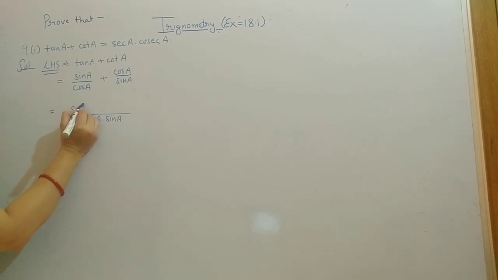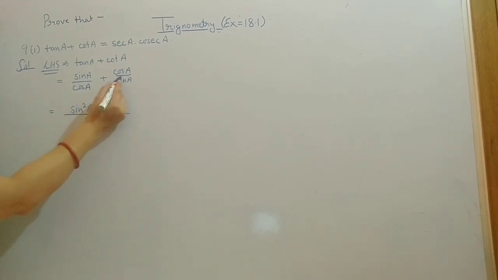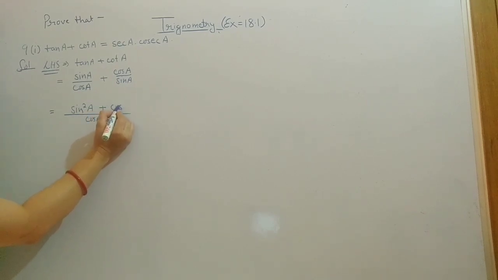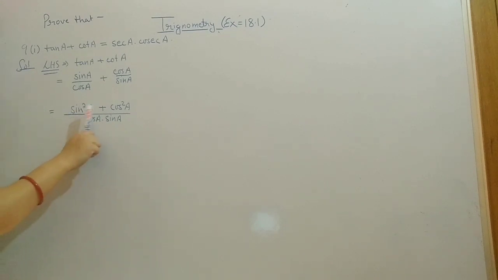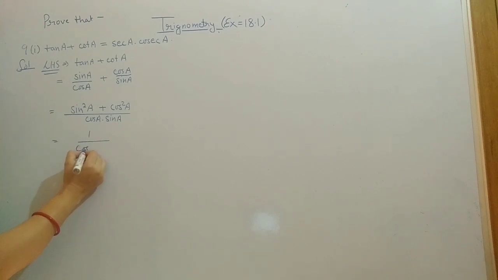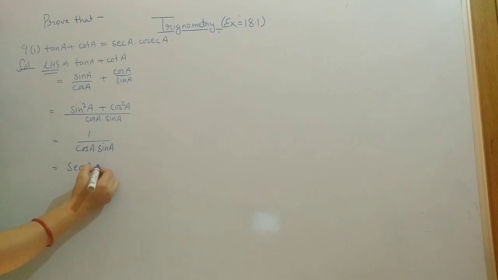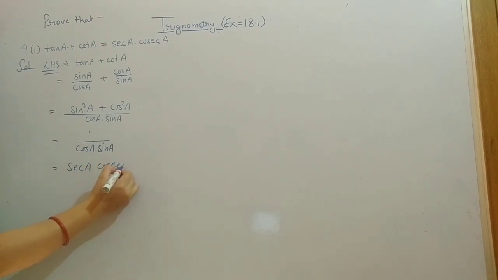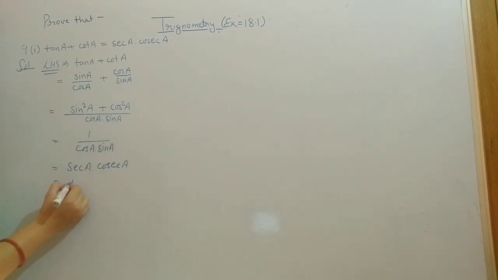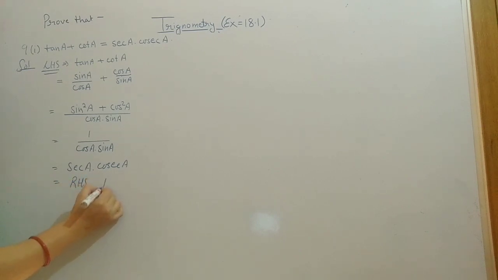We will get sin square a plus cos square a. Now next step, with the help of the first identity, sin square a plus cos square a will become 1. 1 by cos a sin a. 1 by cos a we can write as sec a, and 1 by sin a we can write as cosec a. So we got the right side, proved.